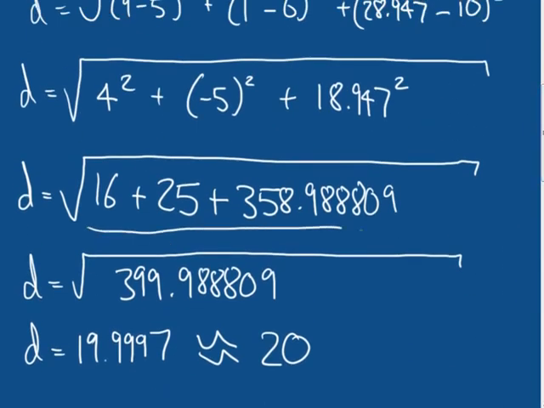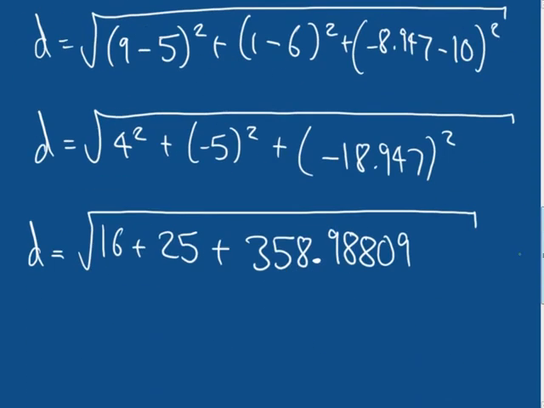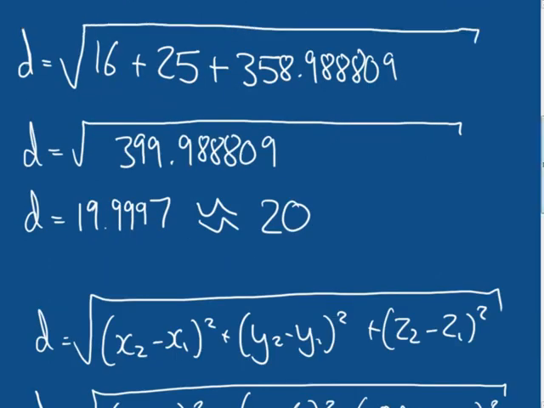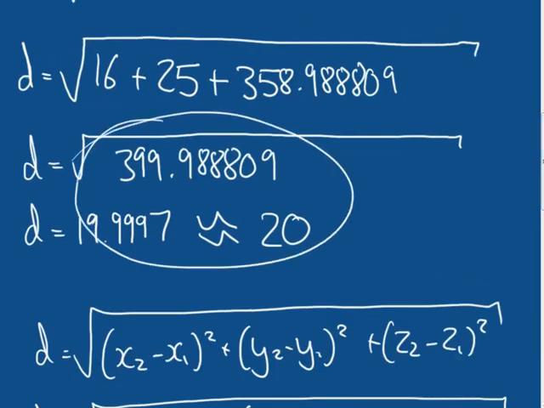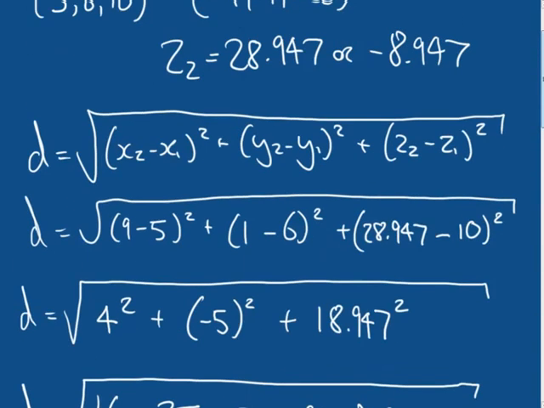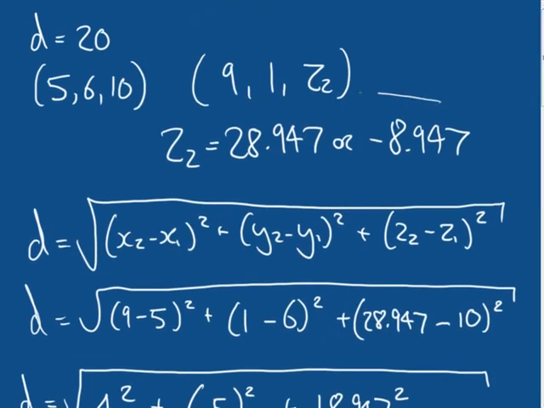So that means that when we evaluate this, we are going to get the exact same answer as before, thus proving that both of the coordinates we calculated with our rearranged equation are valid coordinates, the only valid coordinates that would give us a distance of 20 units between those 2 points.